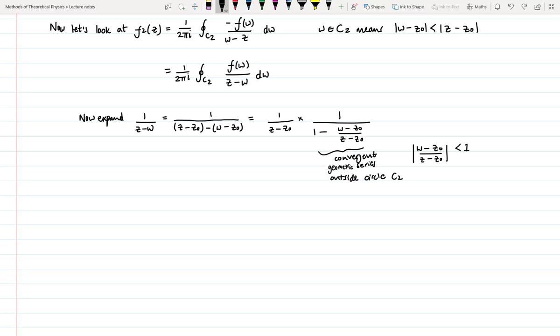Right, substituting this into our expression, we have f2 of z is 1 over 2 pi i, the integral around the contour C2. We have our 1 over (z minus z naught) factor and this multiplies f of w over, and then we have 1, this term here.